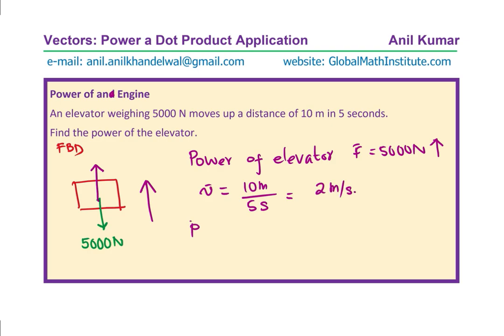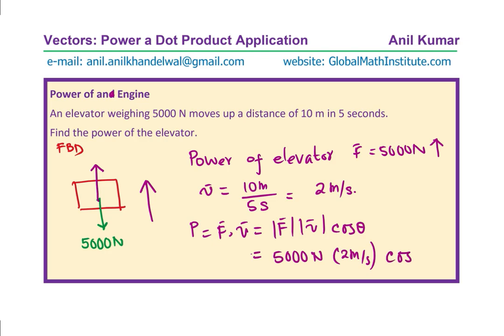And therefore, the power, which is basically equal to the dot product of force and velocity, can be written as the magnitude of force times the magnitude of velocity times cos of the angle between the two. And this is equal to 5,000 newtons times the velocity of 2 meters per second times cos of 0 degrees, which is 1.